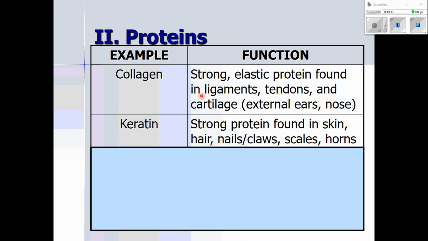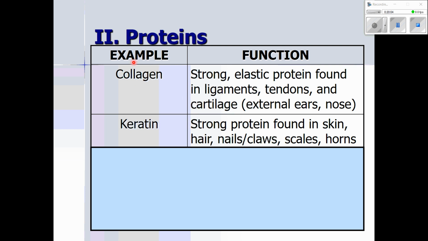Collagen is a strong, stretchy protein found in ligaments, tendons, and cartilage. So cartilage would be like your external ear, the part that's kind of bendy, or your nose, the part that wiggles back and forth underneath the skin of your nose, that's cartilage.